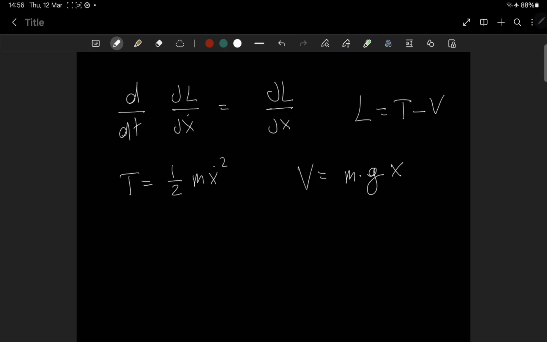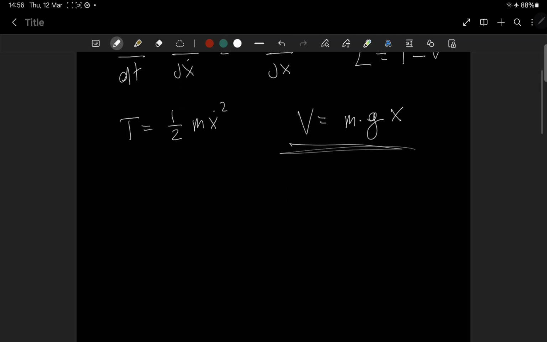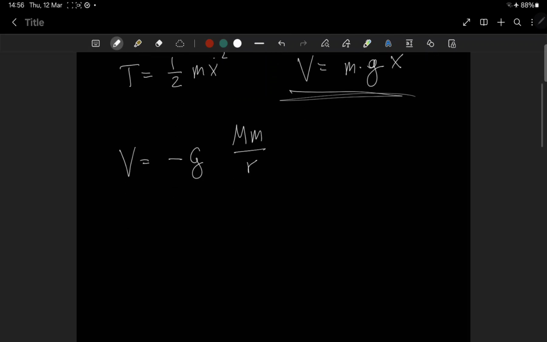But before we proceed with calculating the equations of motion, I would like to motivate this equation. If you remember, the potential for a particle in a gravitational field is minus G times capital M times small m over r. Here r is the distance from the center of the Earth to the center of the particle, capital G is the gravitational constant or Newton's constant, and capital M is the mass of the Earth in our example.